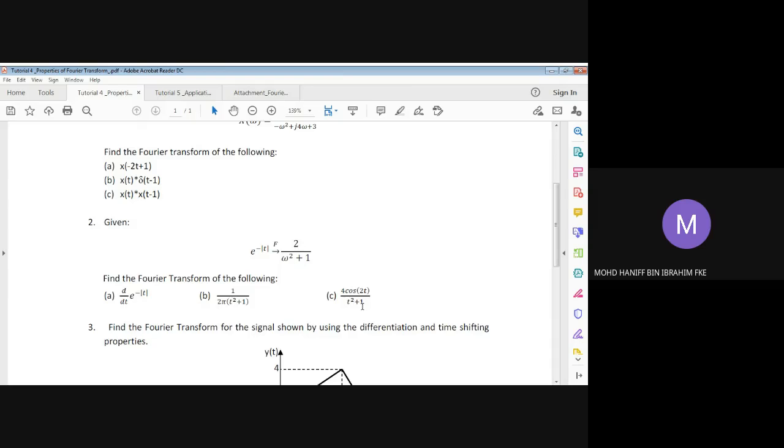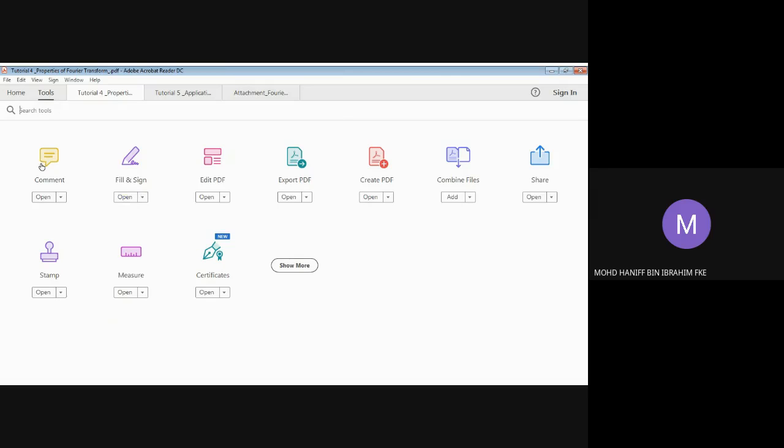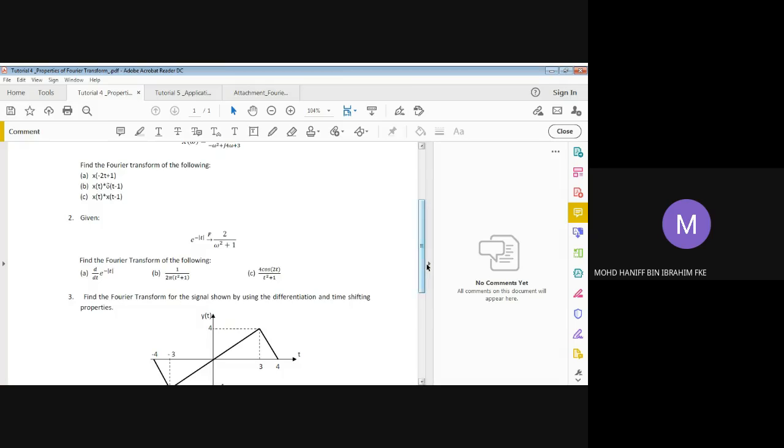So based on this, we can use the properties that we have learned before, which is the duality property.